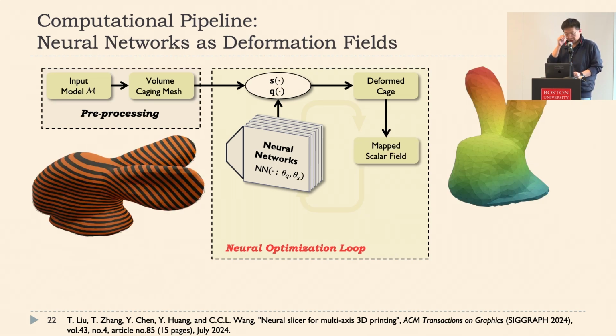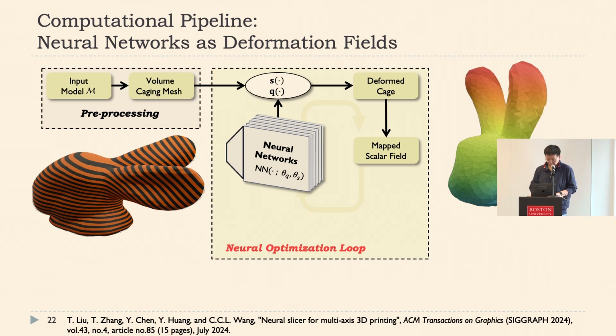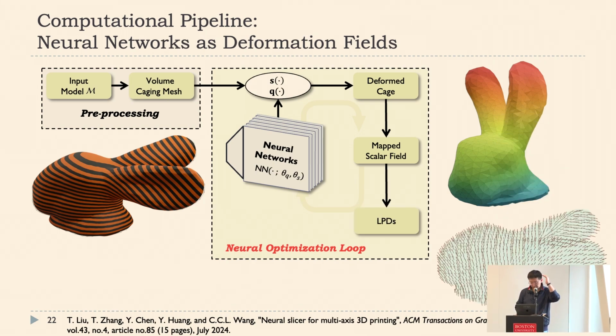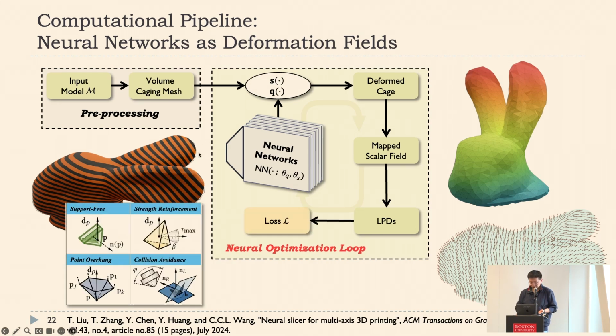The best part is that after this deformation, we're able to directly map everything back into the original domain by using those scalar fields as a height. And then we're able to evaluate everything, like the local printing direction, inside the original domain. Okay? Now we don't call it an objective function, because we're following the terminology of neural field-based computation. We define the loss.